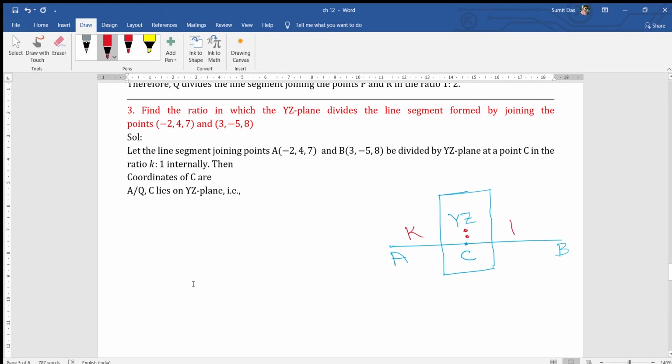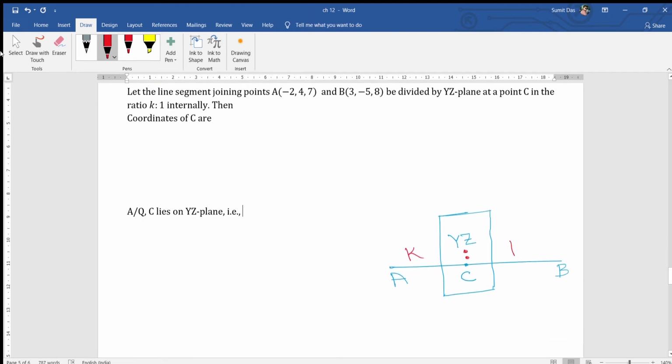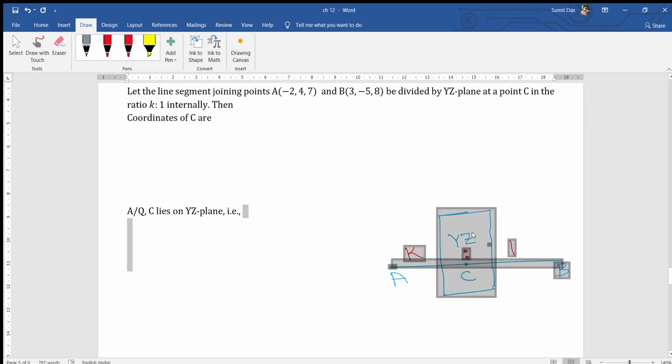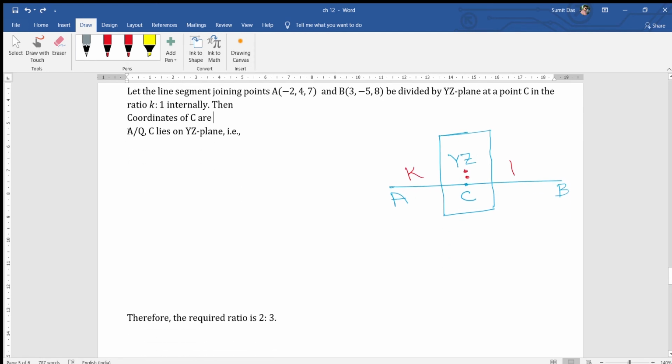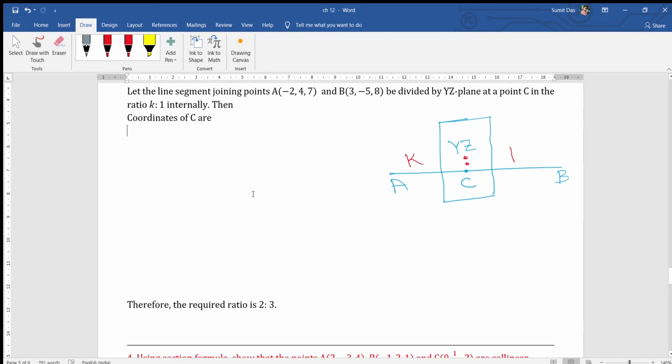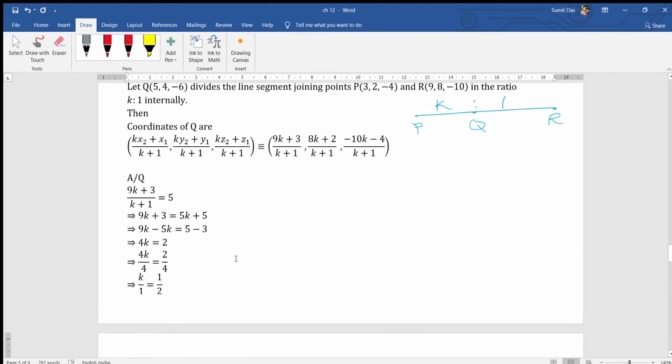Therefore, first we have to find the coordinate of C. How do we find the coordinate of C?